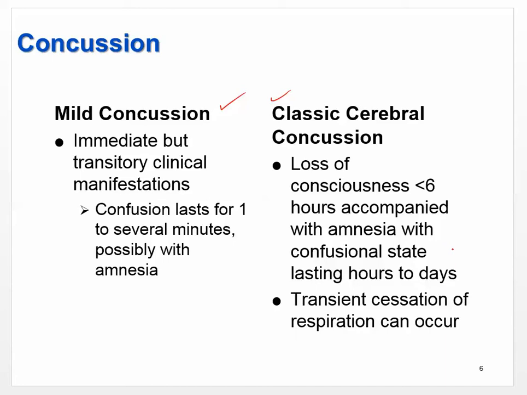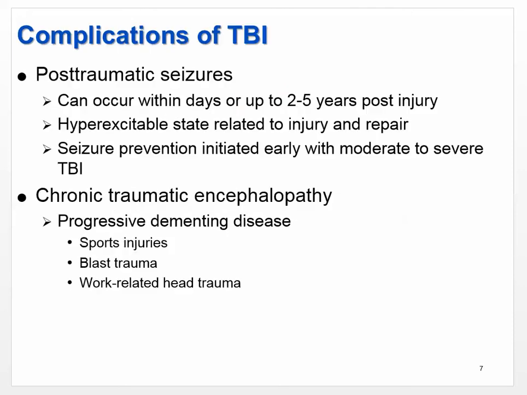So still considered a concussion, but it's more serious than a mild concussion, which is what most of us are familiar with. There can be a transient cessation of respiration, which kind of makes sense since the brain is controlling that, and when there's that trauma, it can have an effect on that control.